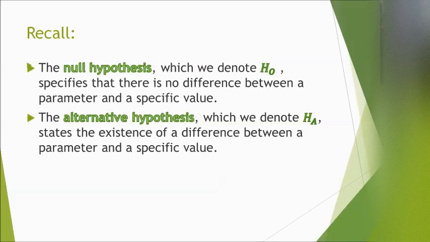The alternative hypothesis, which is denoted by H sub A, H for hypothesis and A for alternative, states the existence of a difference between a parameter and a specific value. Again, we have the null, denoted by H sub 0, and the alternative, denoted by H sub A.